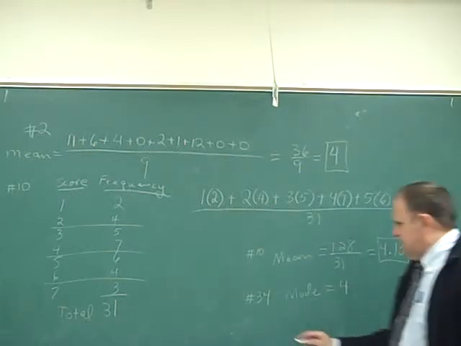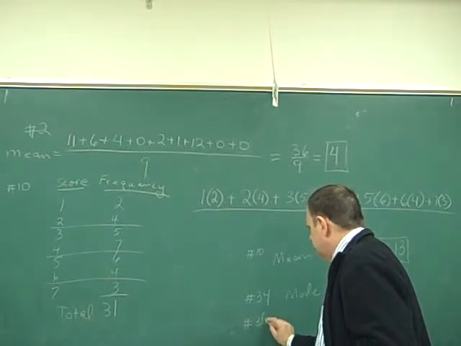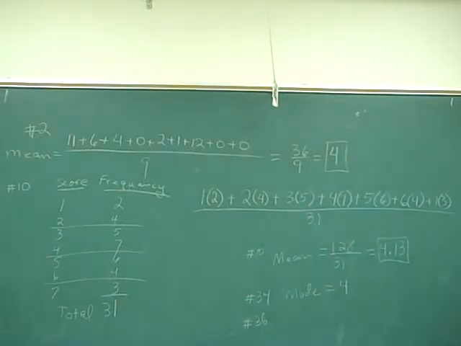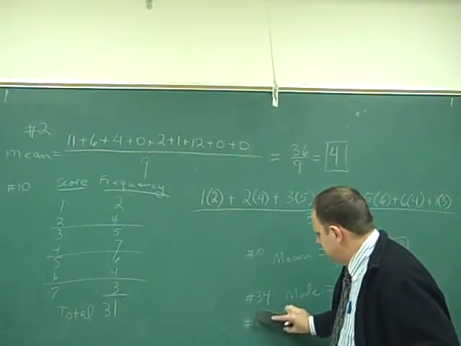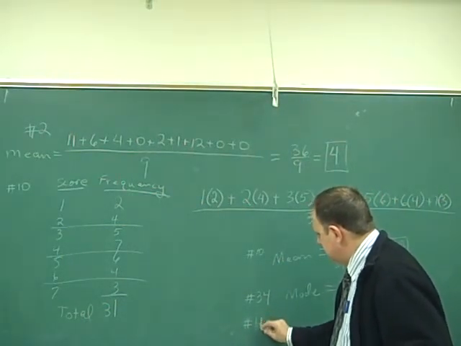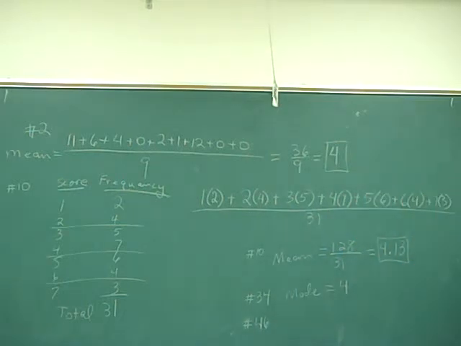Problem number 36. There, it states we want to find the mode for problem, not 36, number 46. In problem 46, it says find the mid-range. Let me change this. In problem 46, we want to find the mid-range of the data items in the frequency distribution. It's exercise 10.